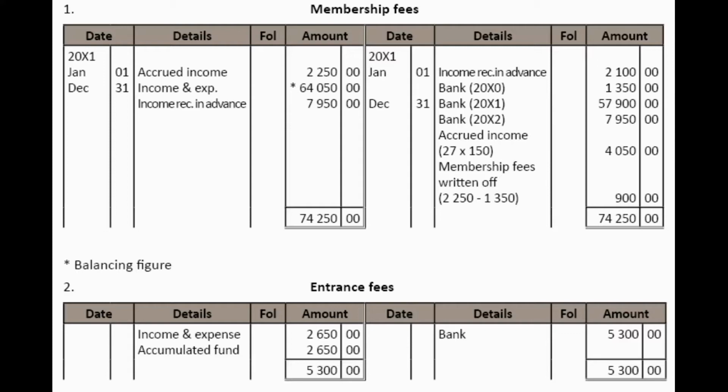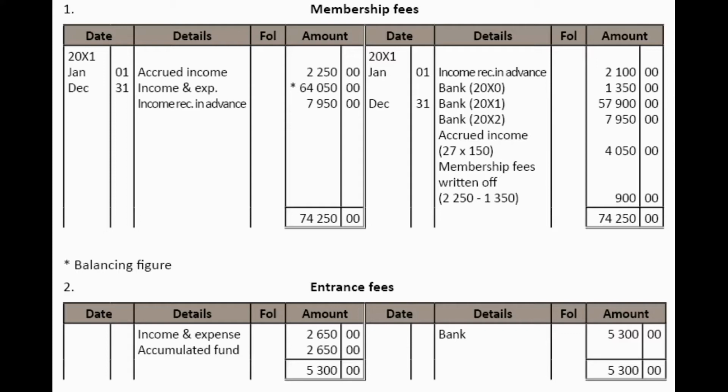All those amounts we have, except we don't know how many members this club had. So that is the amount that we've got to calculate. In other words, the balancing figure in that account will be the amount that we are going to transfer to our income and expenditure account.